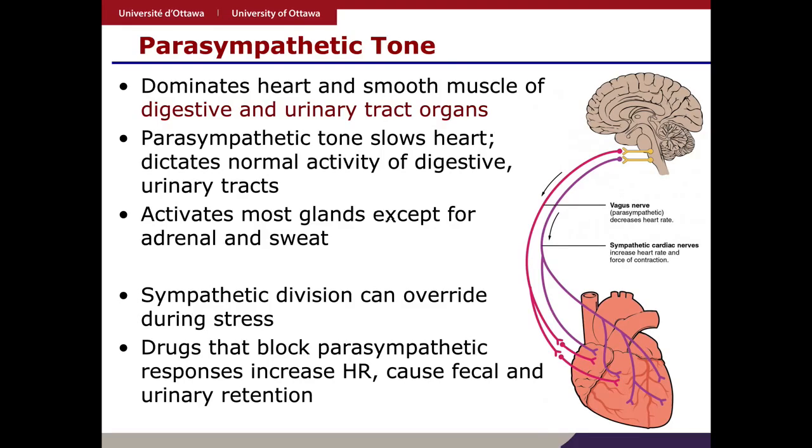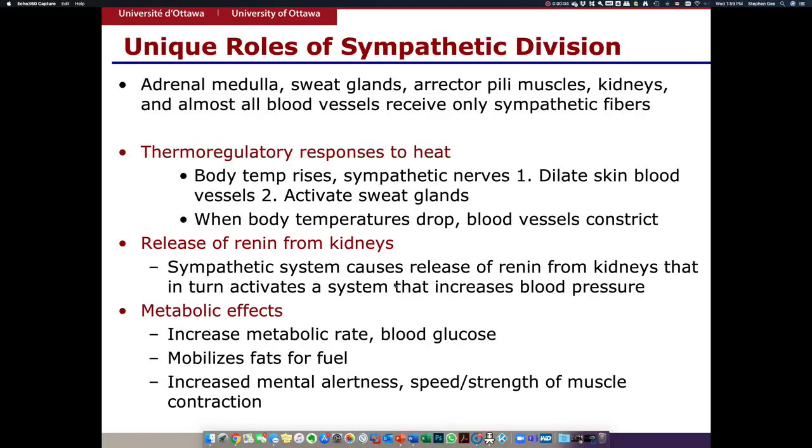Parasympathetic fibers activate most glands except for the adrenal glands and sweat glands of the skin. The adrenal medulla, sweat glands and erector pili muscles of the skin, the kidneys, and most blood vessels receive only sympathetic fibers. The sympathetic division mediates reflexes that regulate body temperature.